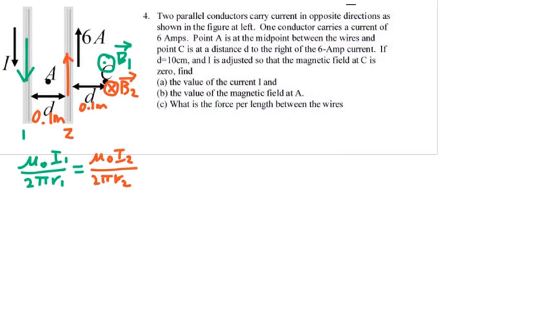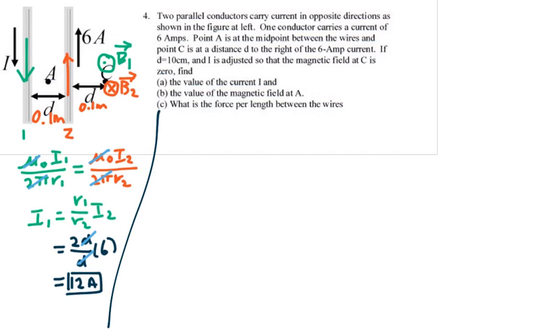Well, the mu naughts cancel out, the 2 pi's cancel out, and we want to find I1, so I1 is going to equal R1 divided by R2 times I2. R1 is actually equal to 2D because we're 2D away from wire number 1. R2 is D and I2 is 6 amps. So with the D's canceling out, we have that I1 is actually equal to 12 amps.